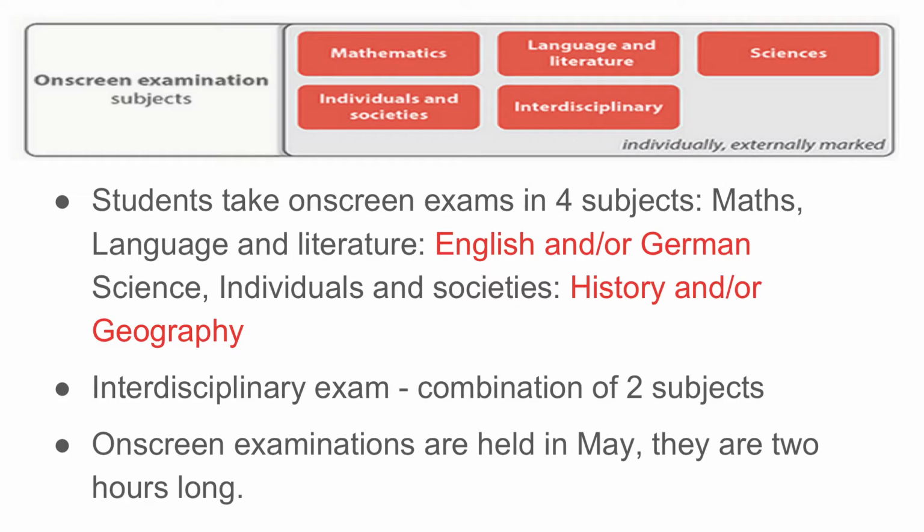We prepare the students for the interdisciplinary exam in a special session, and the IB publish a document called Pre-Release Materials, which contains all the information that students need for the exam. The on-screen exams take place over a 2-week period in May, and they are all 2 hours long.